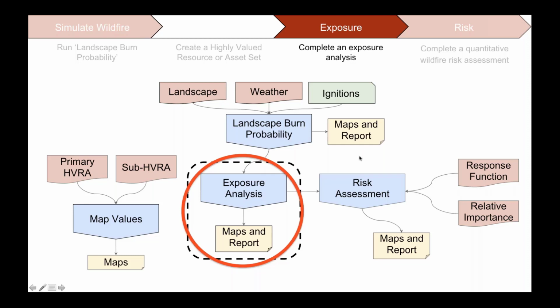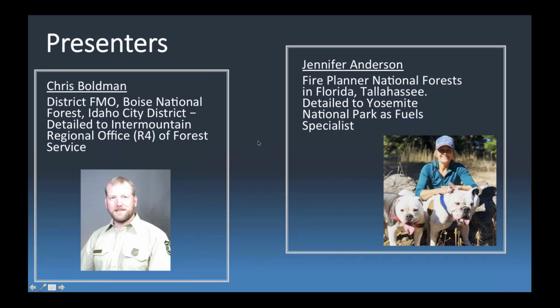So with that, what I'd like to do is turn the presentation over to Chris Boldman, and he's going to run us through an example from his work on the Boise National Forest and working with the folks in Boise County. So Chris, I'm going to send it your way, okay?